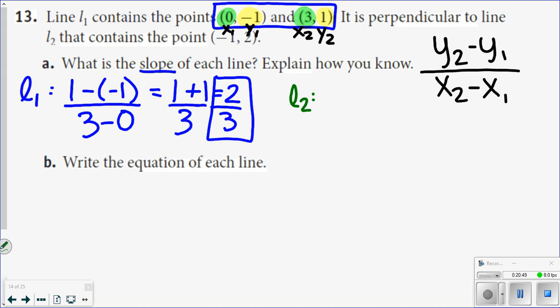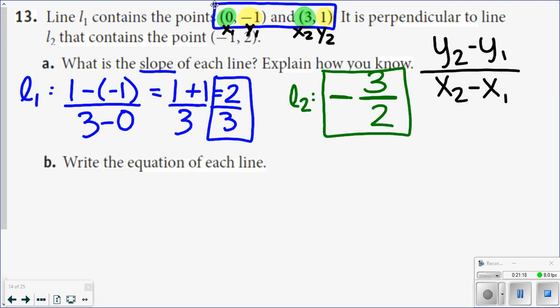So if this is a positive 2/3, line 2 needs to be negative. Okay? And we need to flip the fraction. Right? 3 wants to move upstairs, 2 wants to move downstairs. So 3 is going to be in the numerator, 2 is going to be in the denominator. So they flip places. They flip spots. Okay?